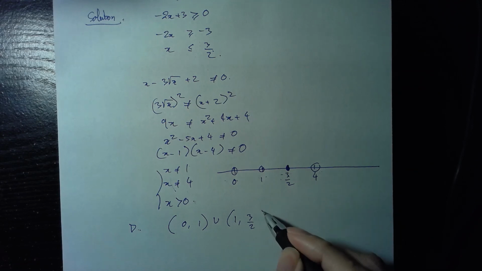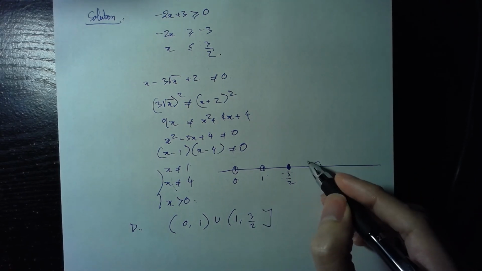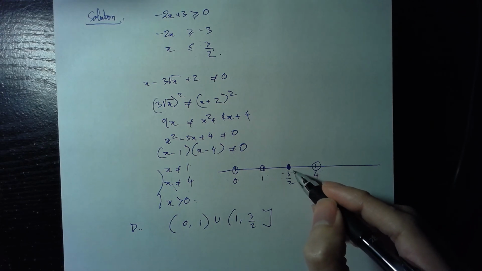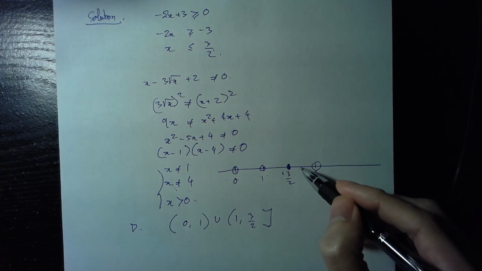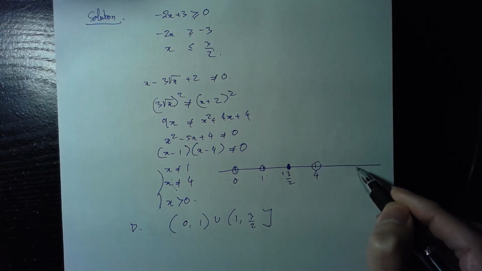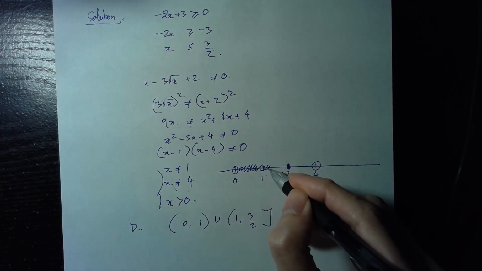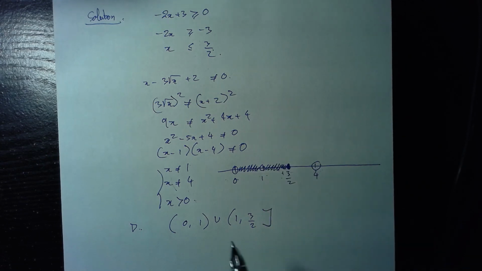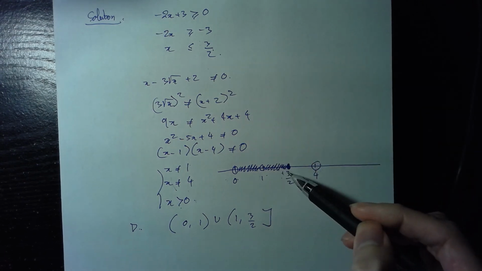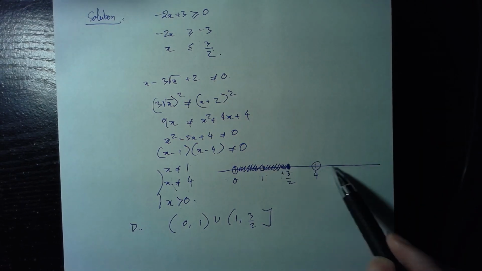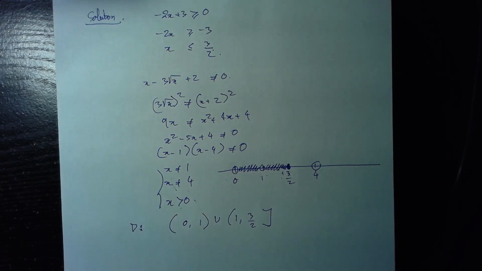We don't want to consider the part greater than 3 over 2, because we want it less than, so we cannot consider this part right here. So the domain will be everything inside here only. We want greater than 0 but less than or equal to 3 over 2. If it is greater than 3 over 2, it doesn't work. So this will be our domain.